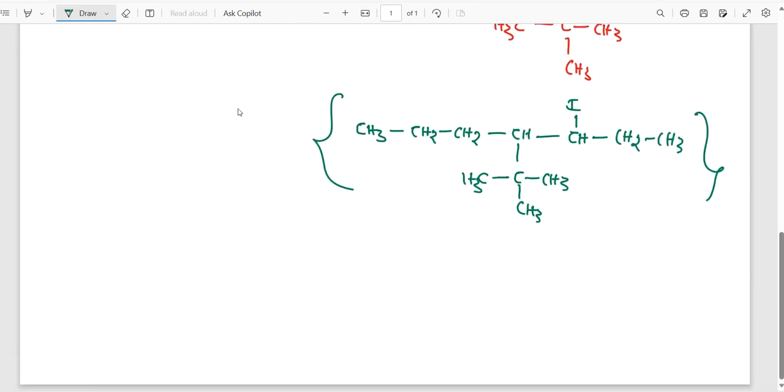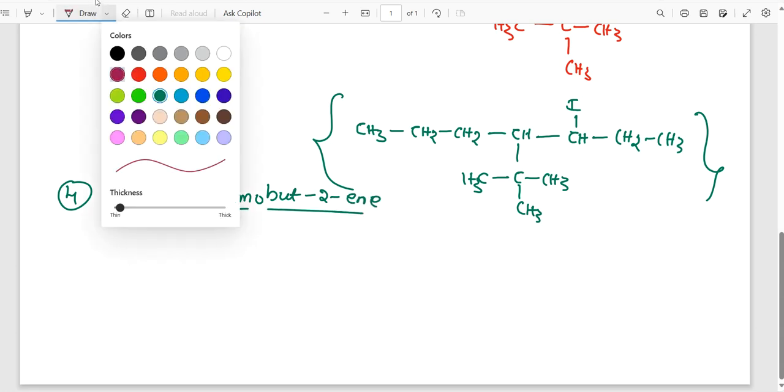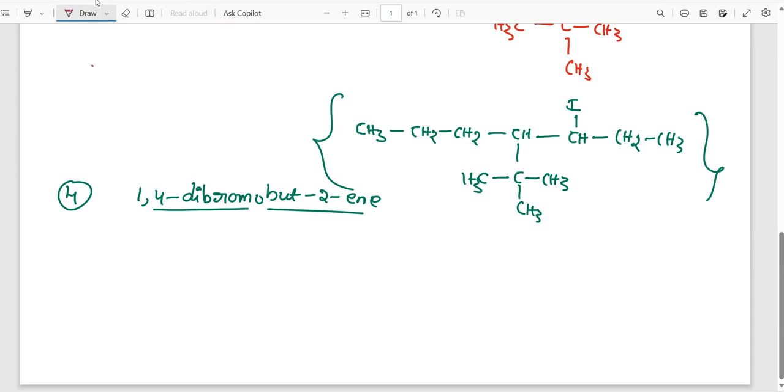Now let us try to draw the structure of the fourth one. Its name is 1, 4 dibromo but 2 yne. Let us start from this "but". The "but" means 4 carbons are present here: 1, 2, 3, 4.